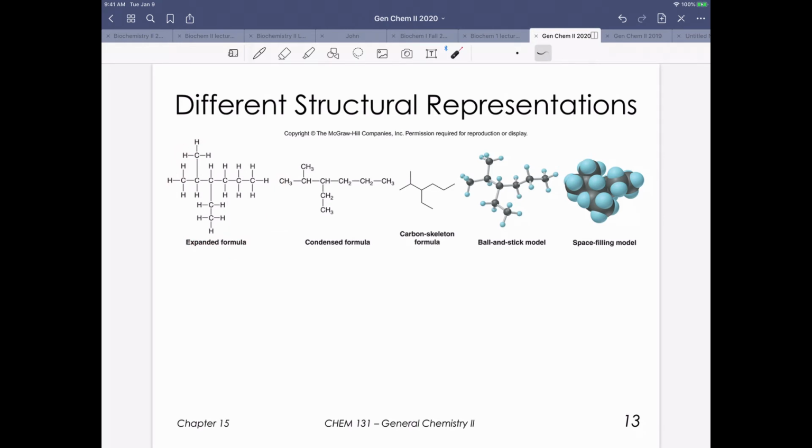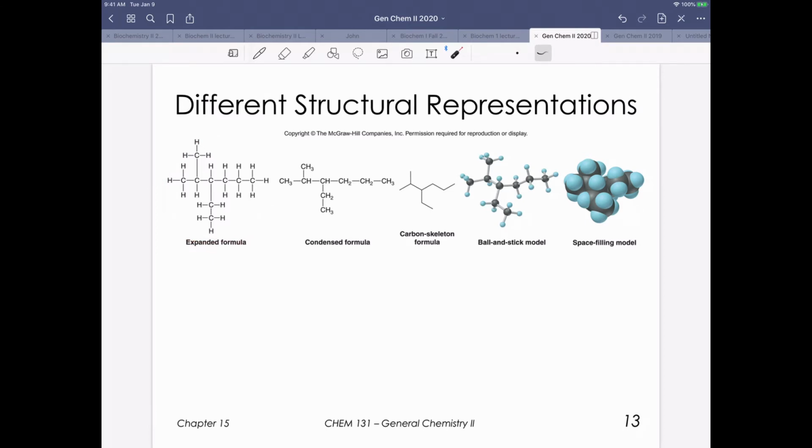So not only do we want to be able to take expanded formulas, which again, are our typical Lewis structures, and move to condensed and skeletal formulas, because this is what we want to be able to draw most of the time, mentally we also want to be able to look at this guy and see all of these atoms in our head.